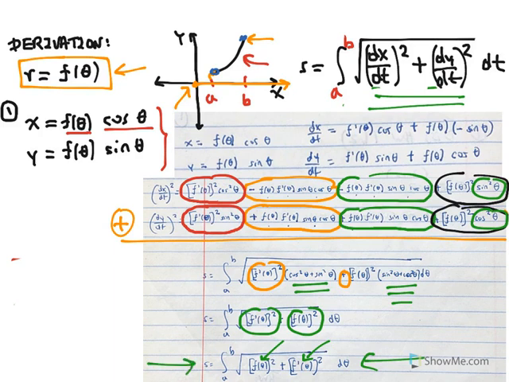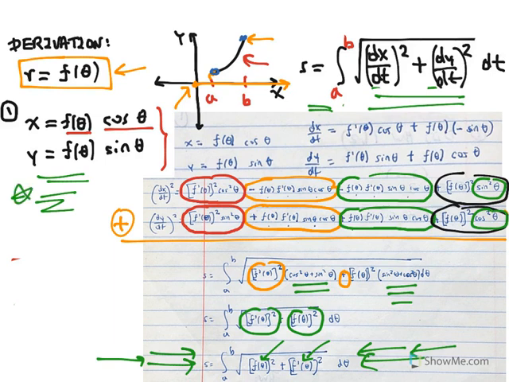And what we've done is we have derived the integration formula for finding arc length when you have a curve represented by a polar equation. And the way we did that was we rewrote our polar equation in parametric form and started with the integration formula for finding arc length in parametric form, went through this process to come up with this new result, which will allow us to find arc length from a polar equation directly without having to do the process that we just went through.